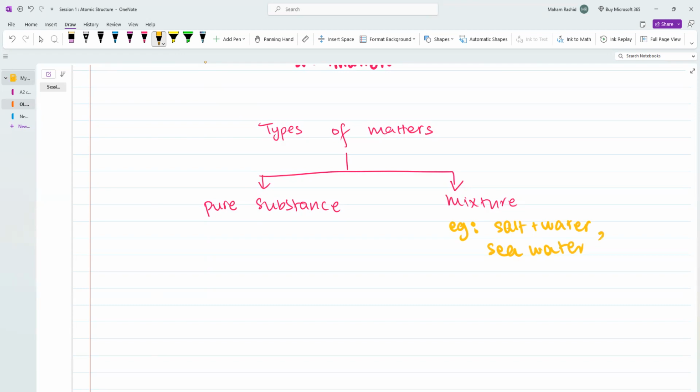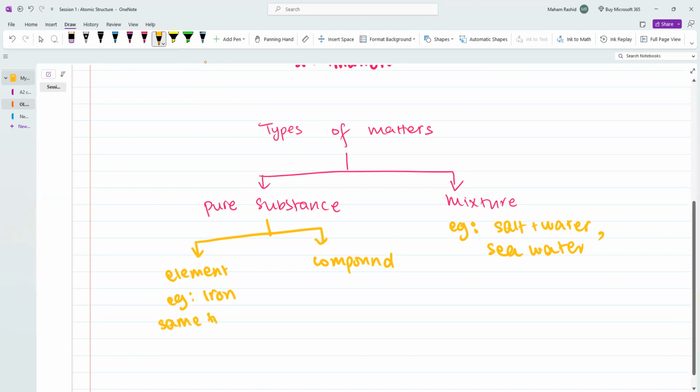Right? And in pure substances, we can have two other further categories where this can either be an element or this can be a compound. So when we're talking about elements, these can be iron because it has the same type of particles, right? Yeah.